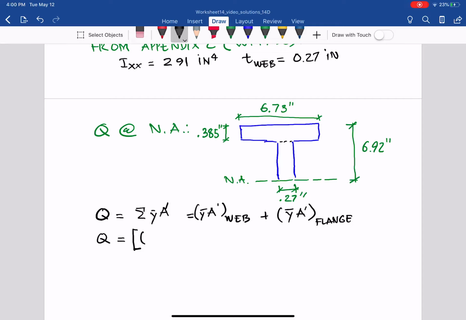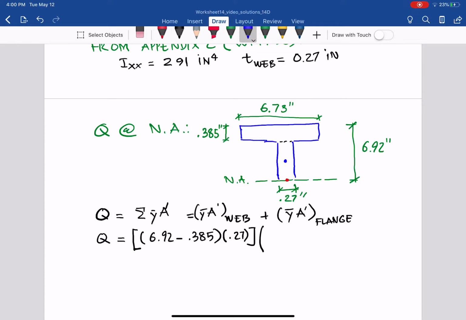So it will be 6.92 minus the thickness of the flange, 0.385. That gives us one side of the web, and we times the thickness 0.27, that gives us the area. And y bar is from the centroid of the whole shape, which is the neutral axis, to the centroid of the web in here.